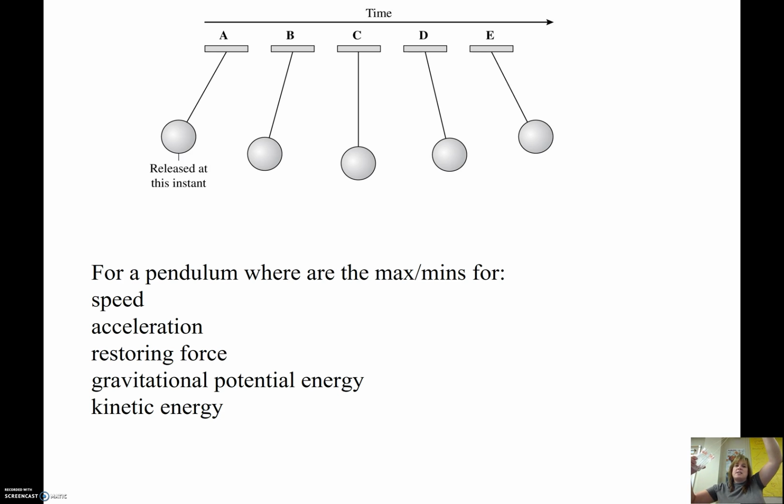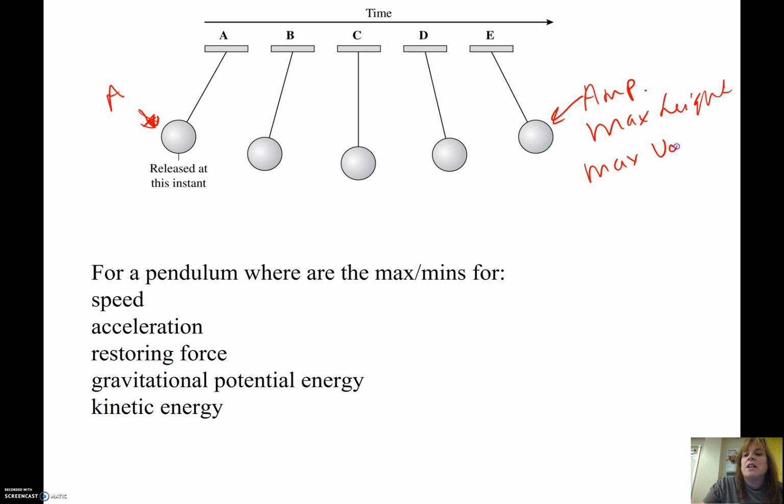When I pull it off to the side, I'm at a maximum height, which we would call the amplitude, like for a spring, and I let it go. And notice that every time it reaches that amplitude again, it stops, and then it starts to swing back. So that means when I am at what we'll call our amplitude, or maximum height, which would be here or over here, as I swing back and forth, I'm going to have a maximum gravitational potential energy.